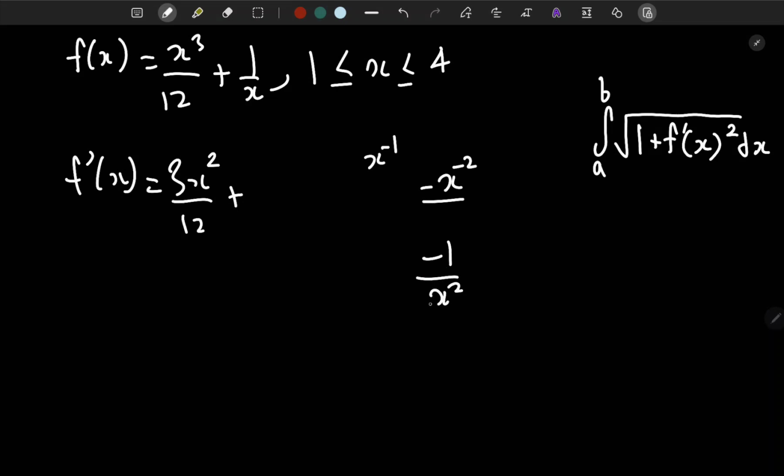So it'll be minus 1 over x squared. Now we can simplify this, so the first term is going to be x squared over 4, and this is going to be minus 1 over x squared.